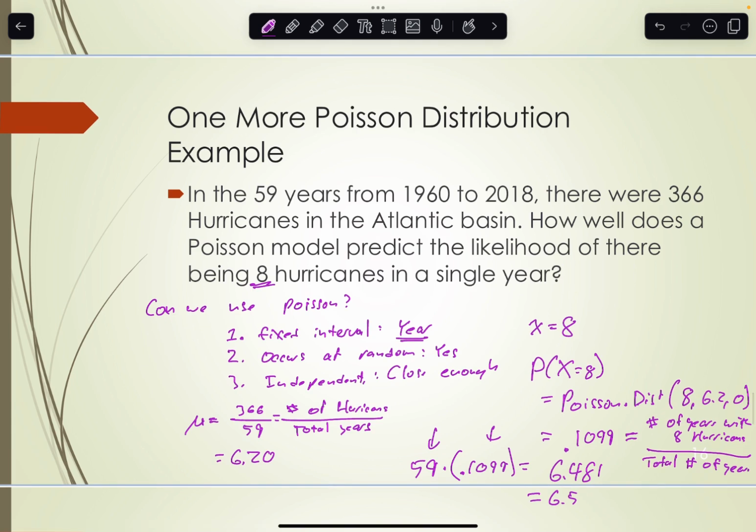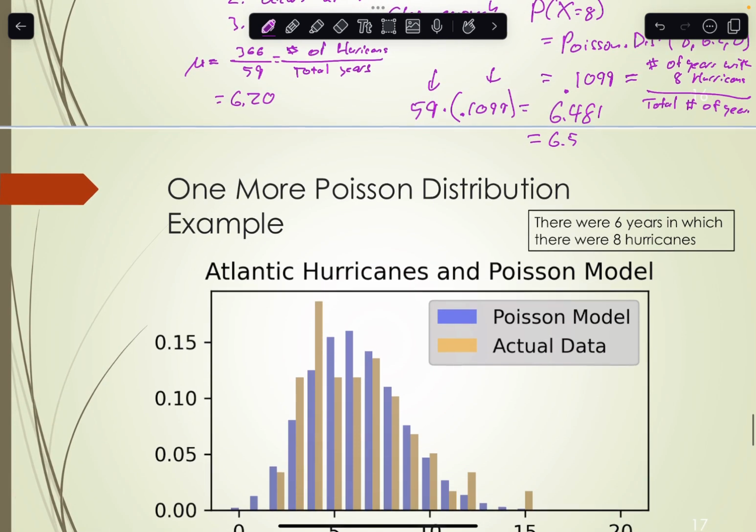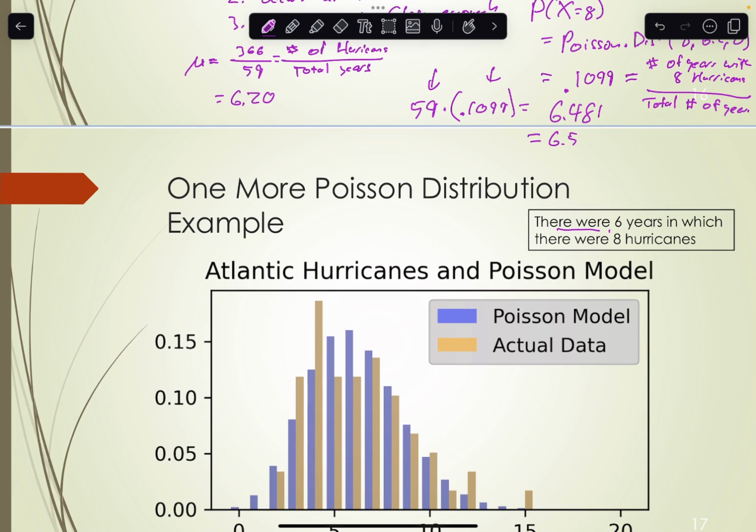Okay, let's take a look at this next slide. Turns out there were 6 years in which there were 8 hurricanes. If I rounded it to the nearest year, I would get 6, which agrees with this model. Very interesting how we were able to accurately predict the number of years in which 8 hurricanes occurred.